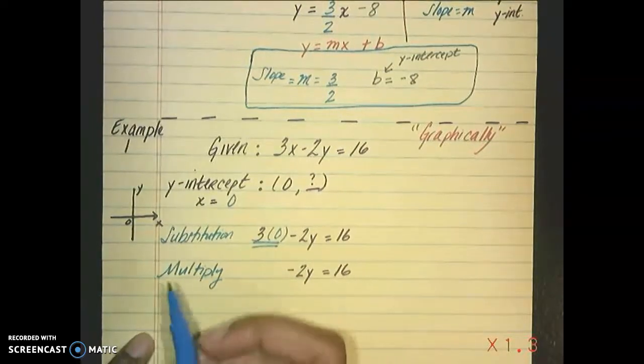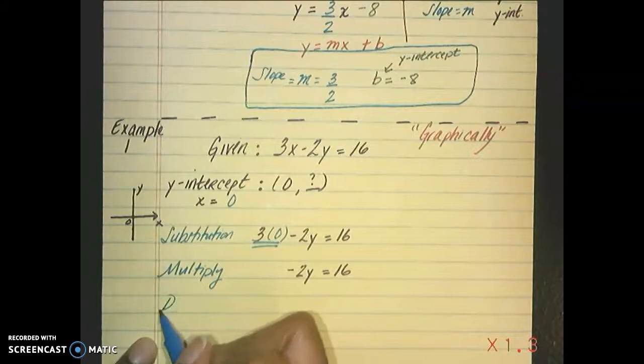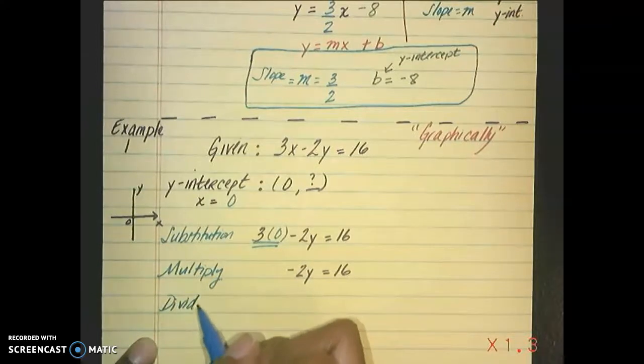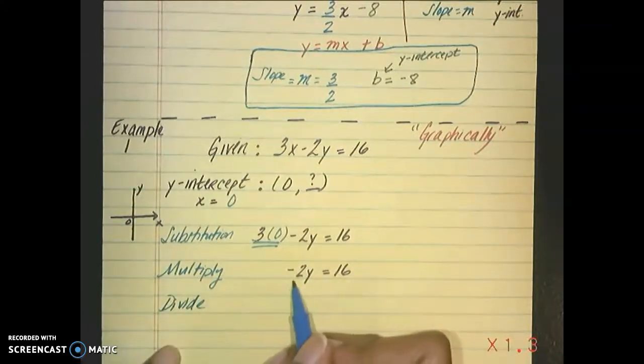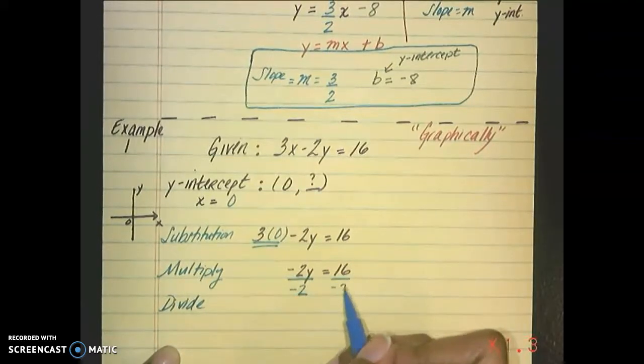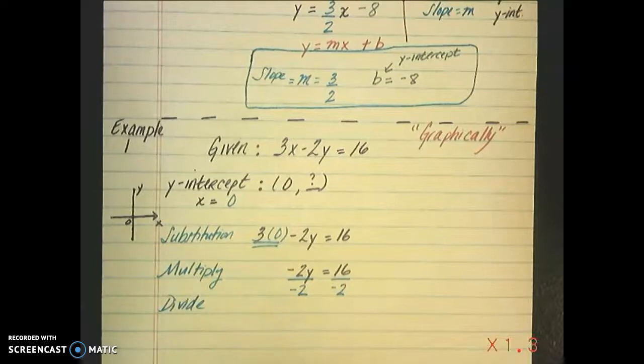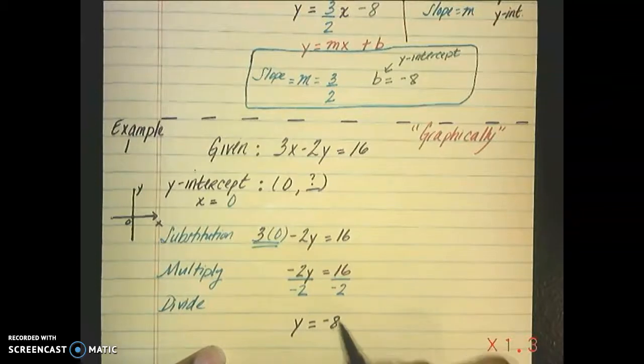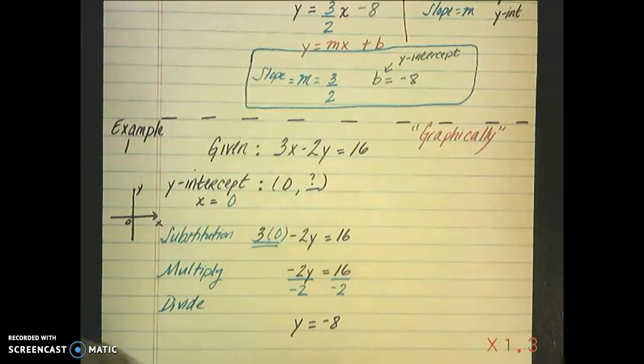I am going to divide, because that's the only way to get rid of that negative 2. So I'm going to divide both sides by negative 2, because what you do on one side, you've got to do to the other. And so here, it's just another way to figure out that y is equal to negative 8. Okay, so in this case, my y-intercept is going to happen.